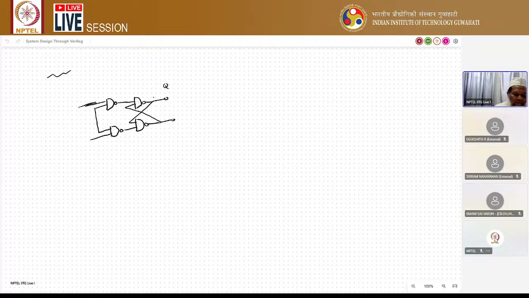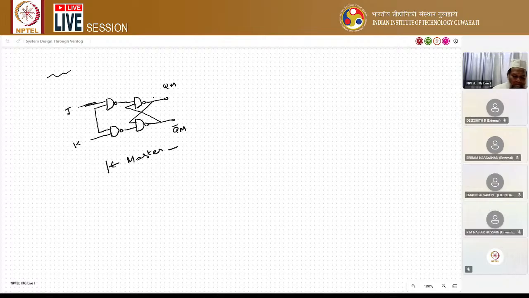There are some intermediate outputs given as complement. This is JK, this is master, and this will be applied to the SR flip-flop. Its clock is the complement of this clock.